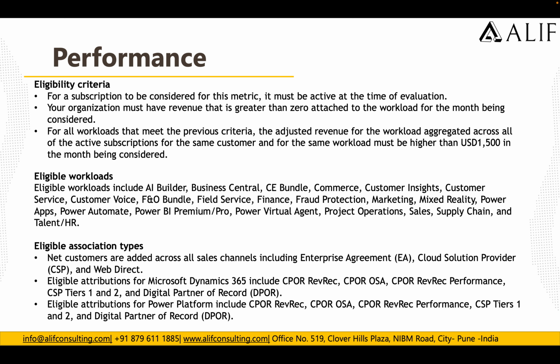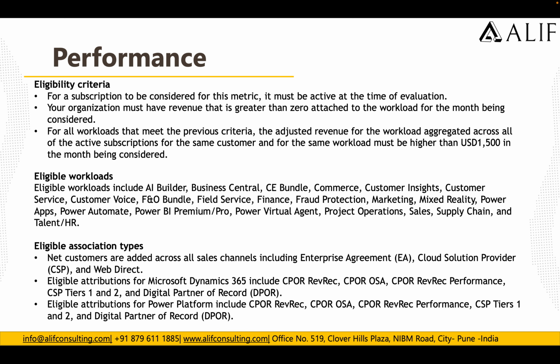Now, what kind of association types are supported? EA, Cloud Solution Provider, and web direct associations are supported across all the sales channels. Leasable attributes for Dynamics 365, sorry, include CPOR RevSec, CPOR OSA, CPOR RevSec performance, Tier 1, Tier 2 CSP partner, and digital partner of record.